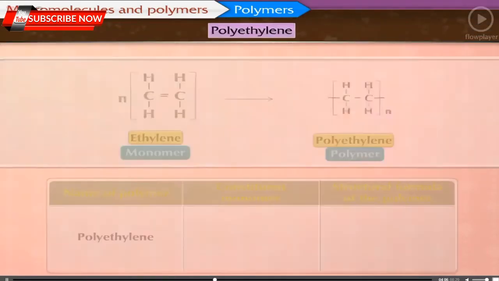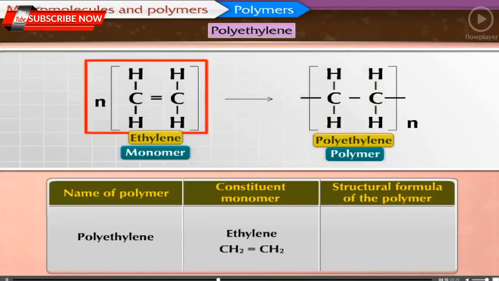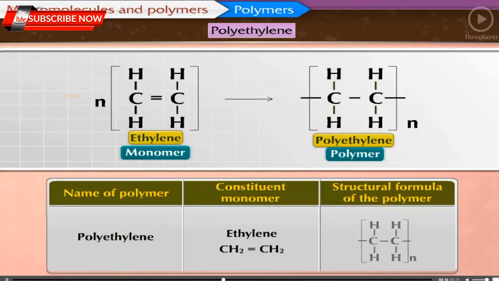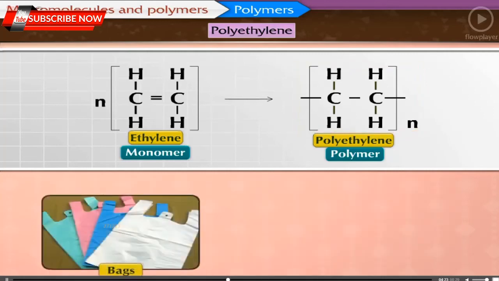Polyethylene. This polymer is made from ethylene CH2=CH2 monomer. This is the structural formula of the polymer polyethylene. It is used for making bags and sportswear.